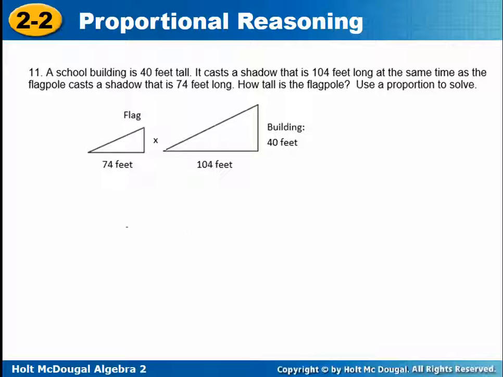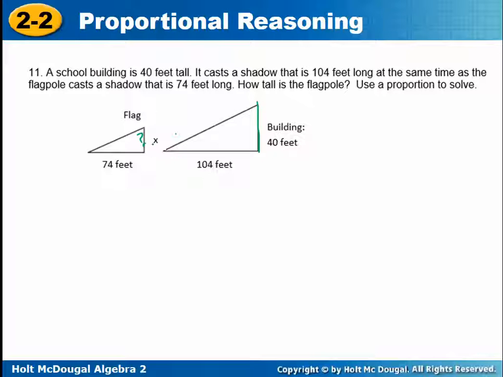But we have a flag. And we're trying to figure out how tall that flag is if it casts a shadow that's 74 feet long at the same time that a building that is 40 feet tall, the school, casts a shadow that's 104 feet. So you're going to set up your proportion.